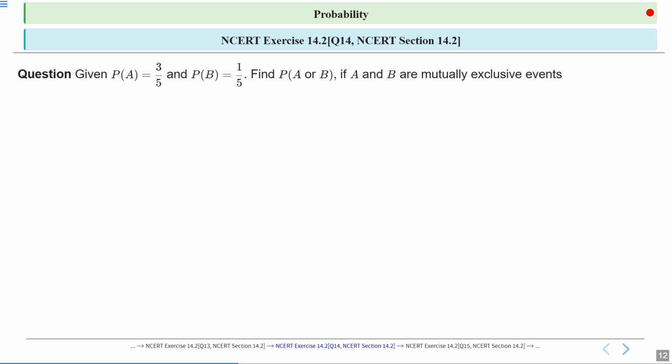If A and B are mutually exclusive events, then what is the probability of A or B? And we have given probability of A is 3 over 5 and probability of B is 1 over 5. So students, try it yourself first.